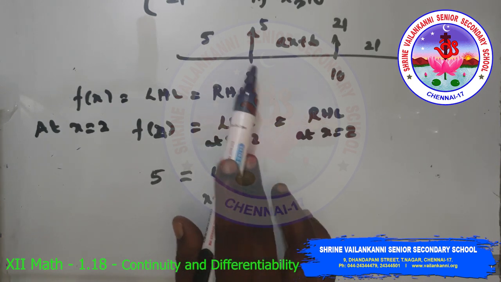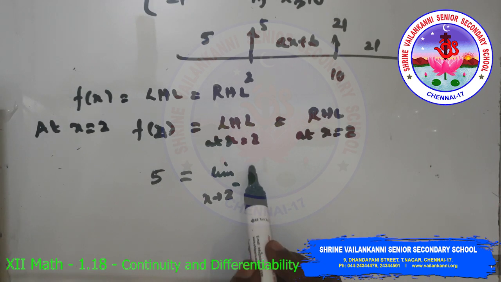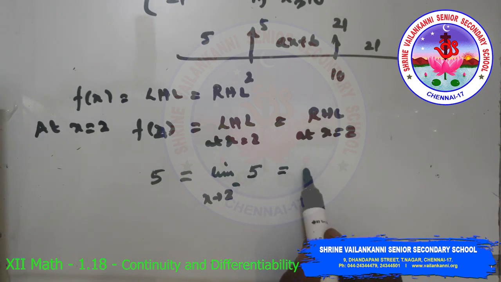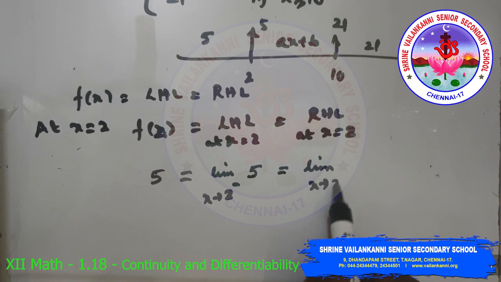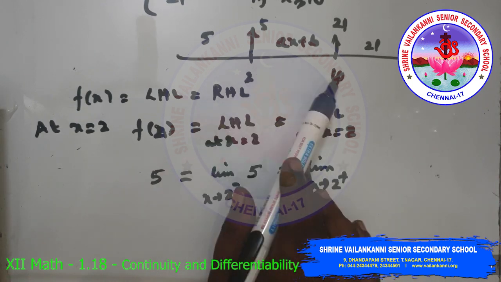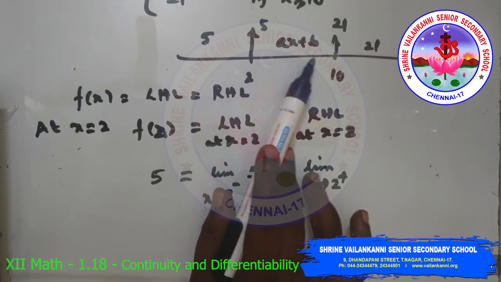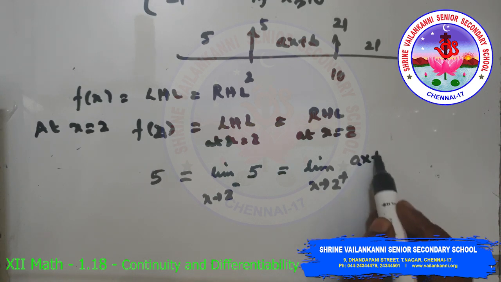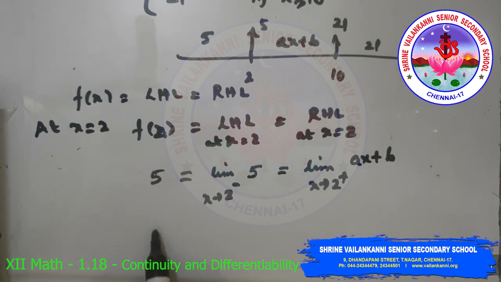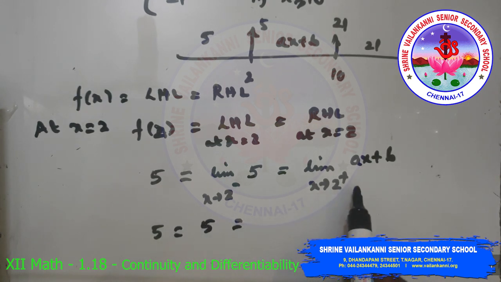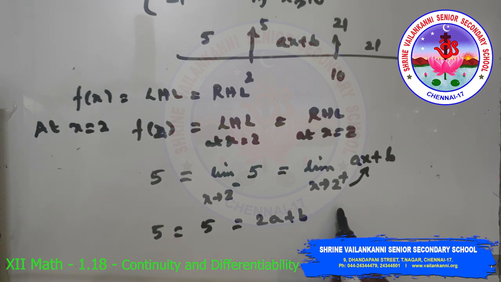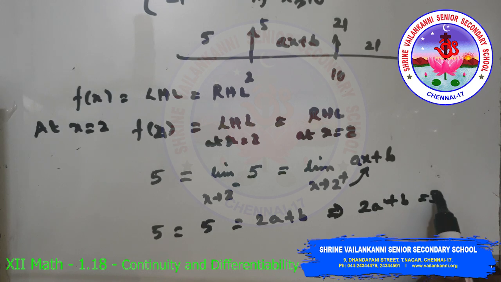To the left of 2 the function f of x is defined to be 5, which is equal to right hand limit, limit x tends to 2 plus. To the right of 2 we have the function f of x defined to be ax plus b. So applying x as 2, we get 5 equal to 2a plus b. From this we can say that 2a plus b is equal to 5, and we can take this equation as 1.